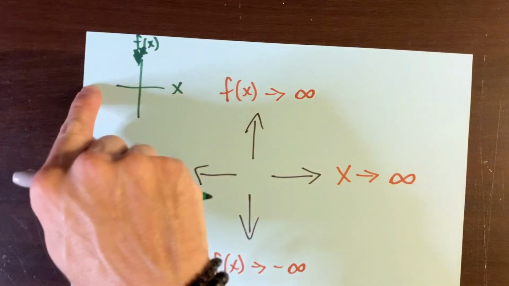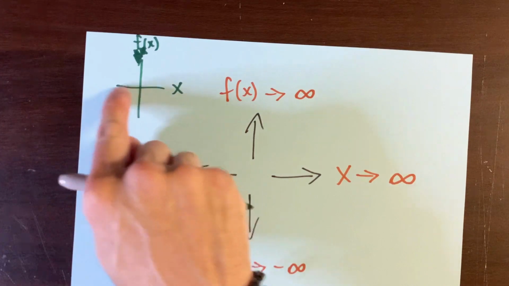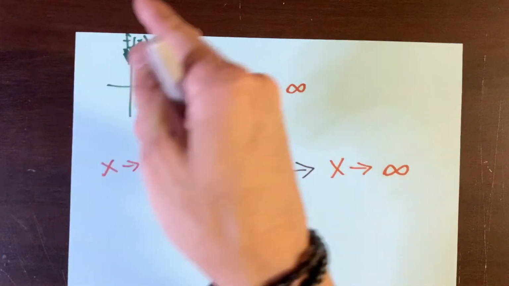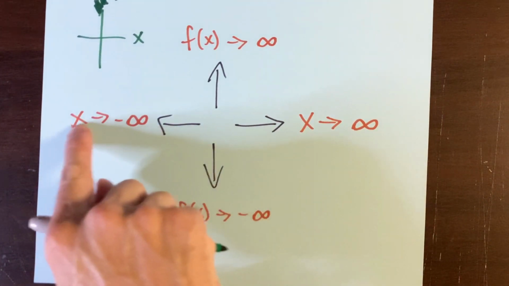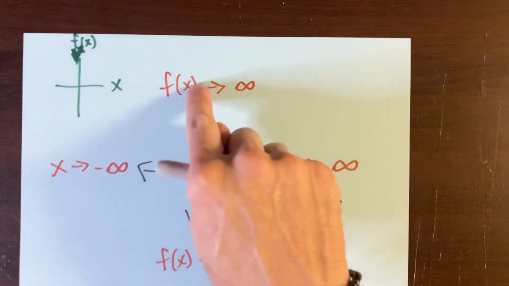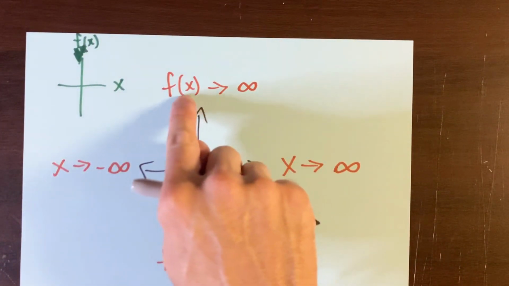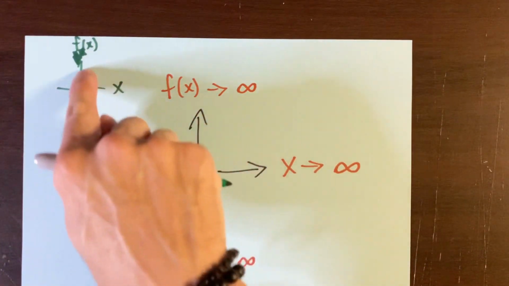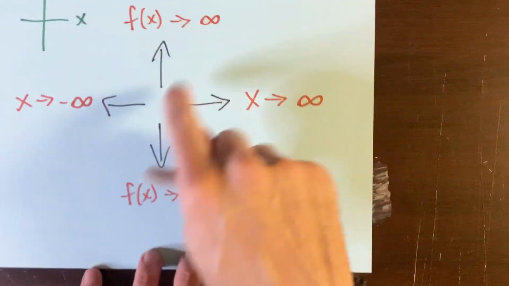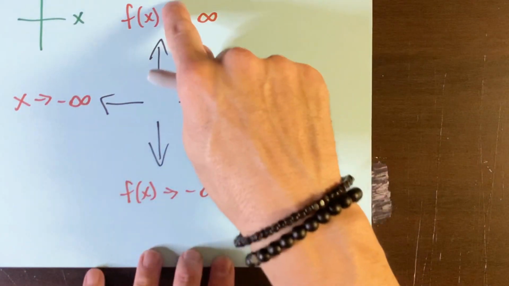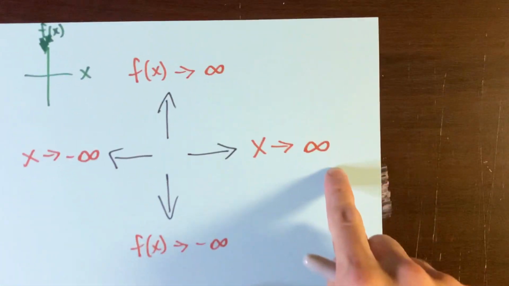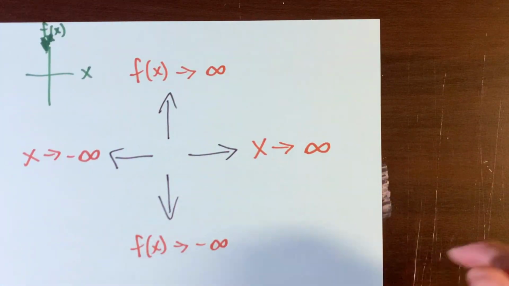As you go to the left, the x's get bigger in the negative direction, so like smaller. And that's why as you go left, you say this instead. How about going up? As you go up, your y coordinate or your f of x's, right here, they get bigger, so that's why it's infinity. So this is how you translate up, down, left, right. With that in mind, let's go back to the notes.